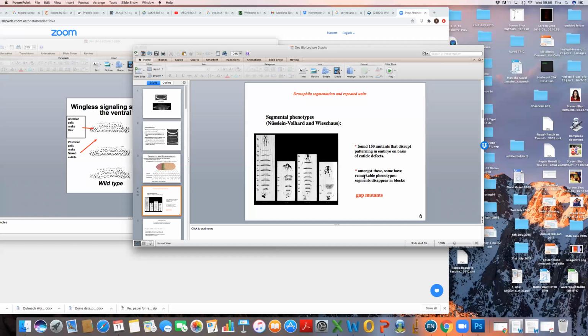What do you see now? We can see the segmental phenotypes by Volhard and Wieschaus. Oh, okay, that's the slide. Fine, great. Okay, thanks. Who was this? This is Ron. Oh, Ron. Hi, Ron. Hi.